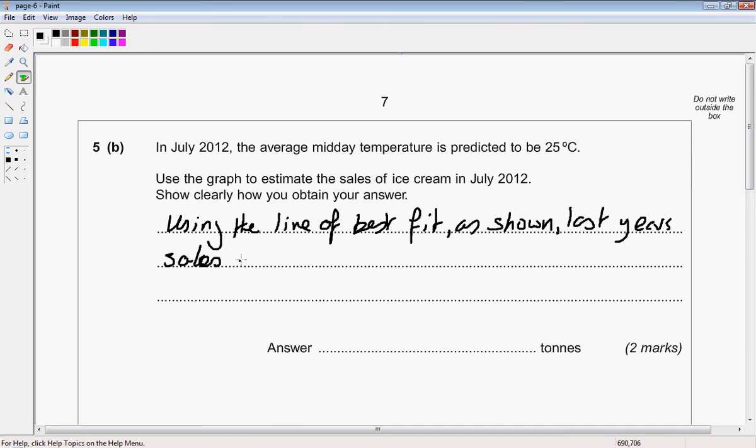Last year's sales when 25 degrees C equal 42 tons. Okay, and then in here I'd write 42 tons. So here I've said that I've used the line of best fit, I've used last year's figures, and I've drawn a line of best fit, and this gives me 42 tons.